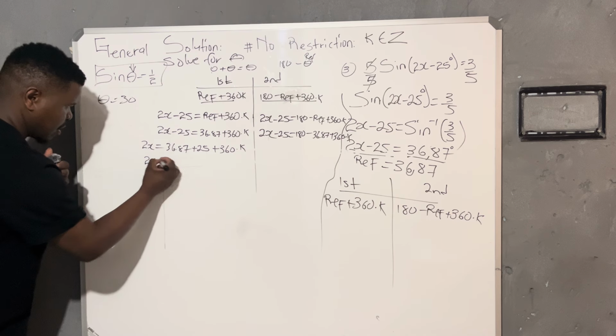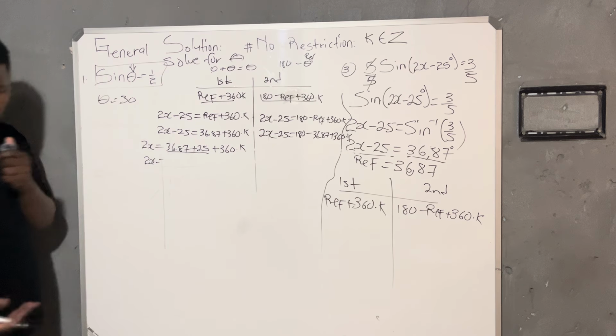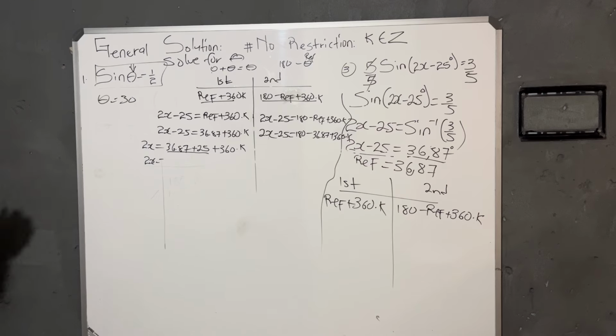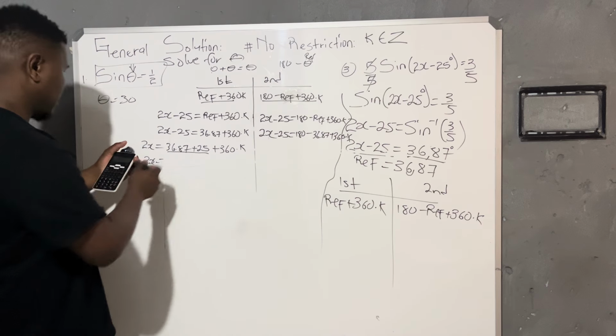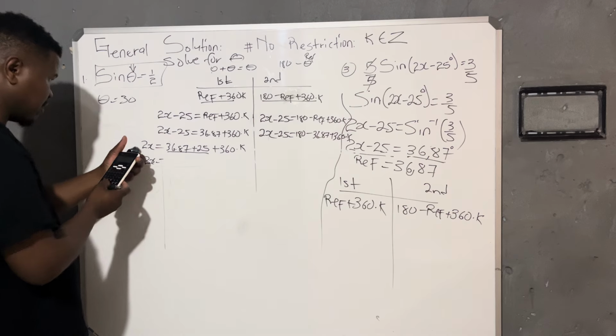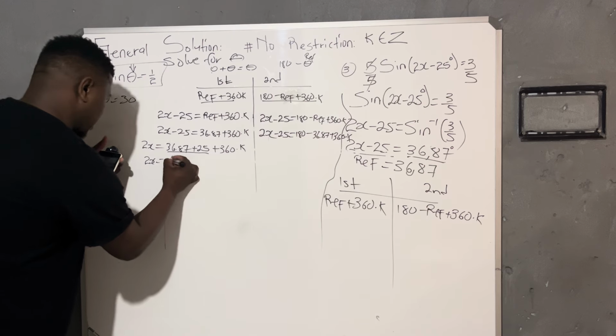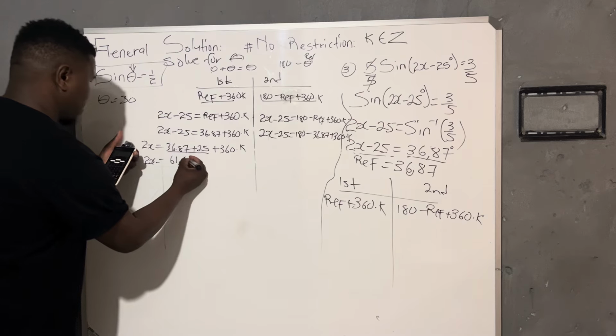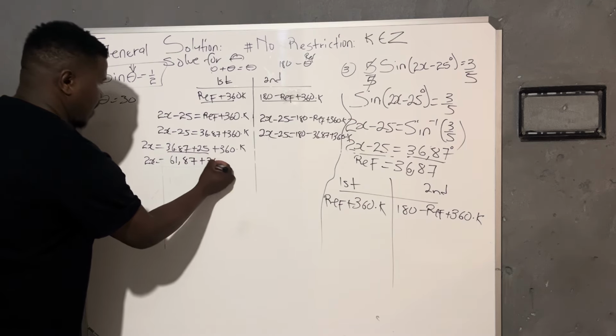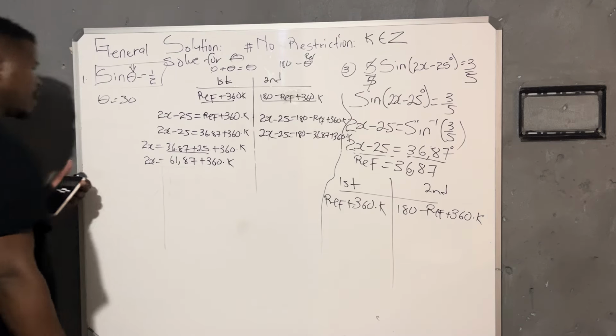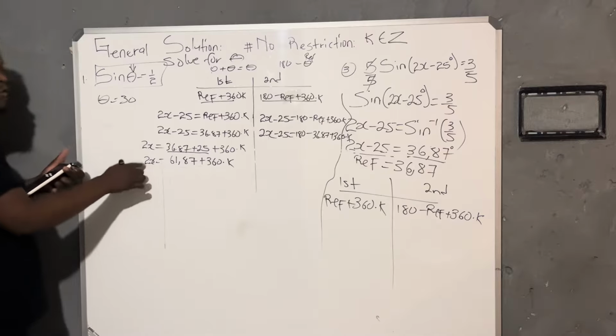Now, give us the result of this. This is you grouping the like terms. When you group the like terms, I'm having 36.87 plus 25, so it gives me 61.87 plus 360 times k. Indirectly, you are solving for x.